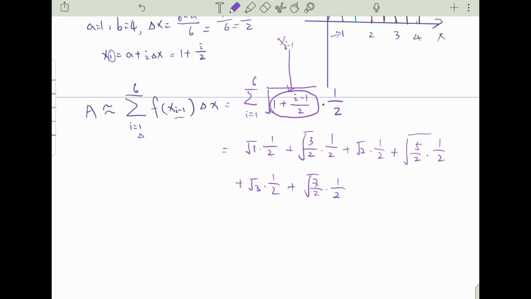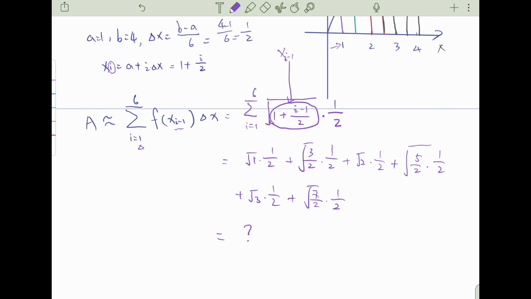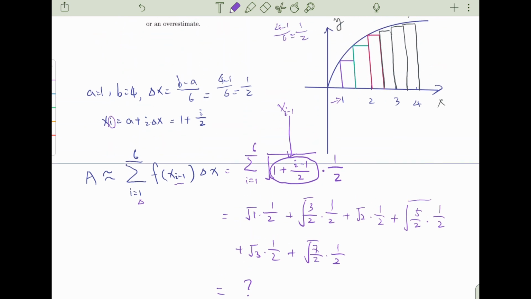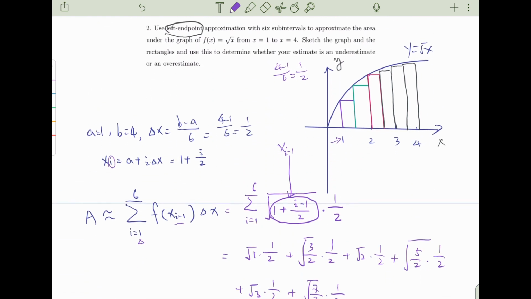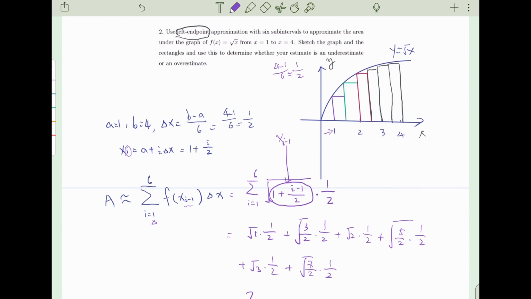And sum them up, that's equal to, what is the answer? So equal to something anyway. I forgot the answer. You can sum them up and see the answer. Just say arithmetic. So that is our question 2.